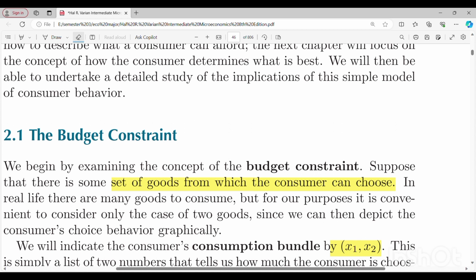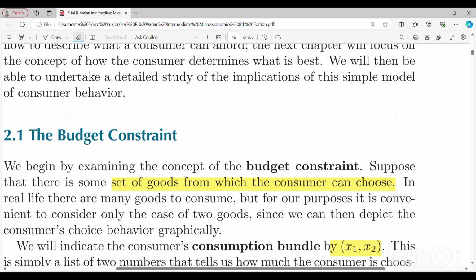And how will we include all the goods within this two good bundle? X1 will be the specific good that the consumer is consuming, and X2 will be all other goods other than X1 where the consumer is ready to spend money.